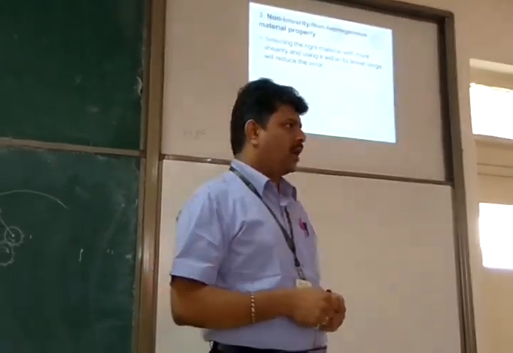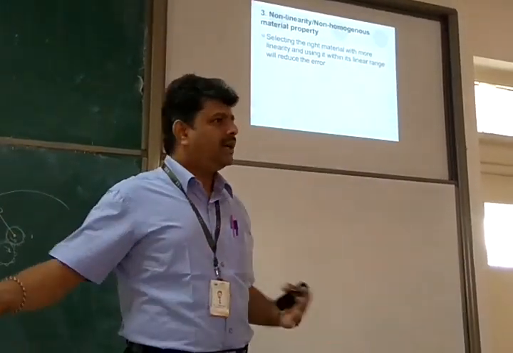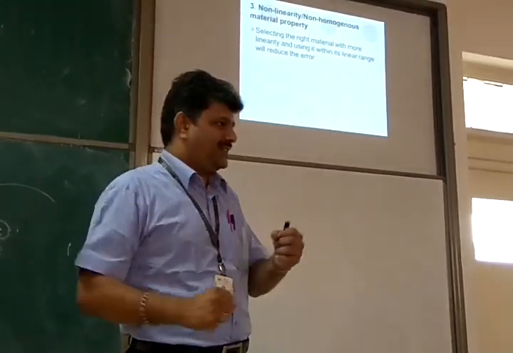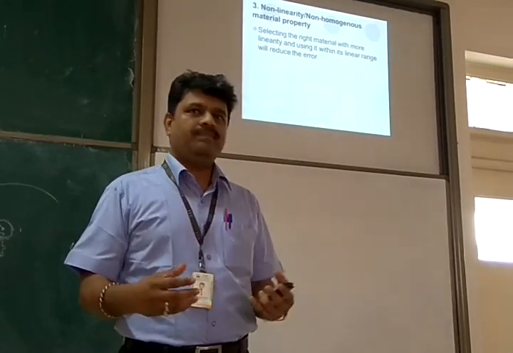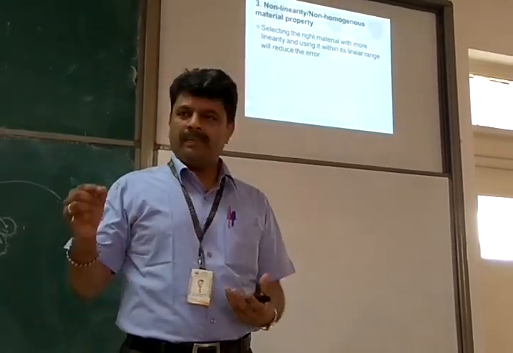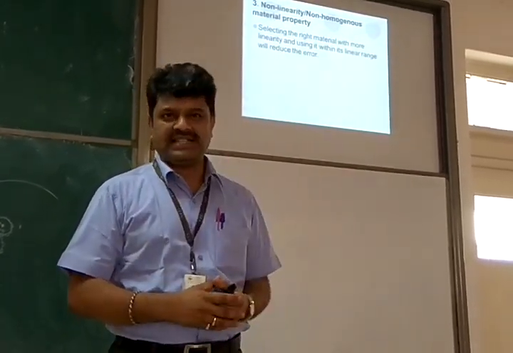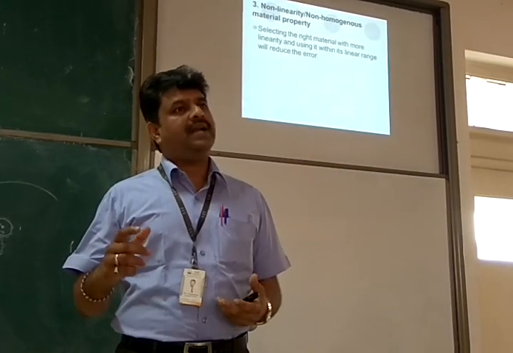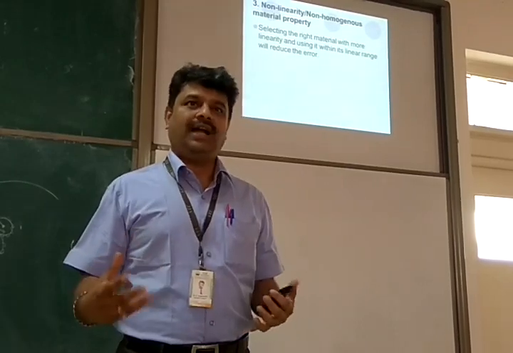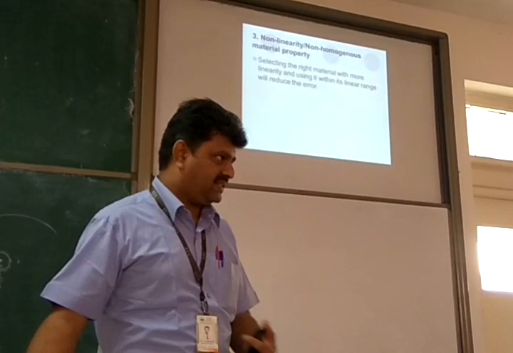How does non-homogeneity come into play? Suppose I want tungsten carbide. In tungsten, we will put carbon and then develop tungsten carbide. There will be a stirring process while melting, and if it is not properly stirred, it is a manufacturing process defect. In some places the carbon content will be a little extra, in some places a little less. Where the carbon content is more, there will be more hardness and more brittleness, and the less carbon area will have less of those effects.